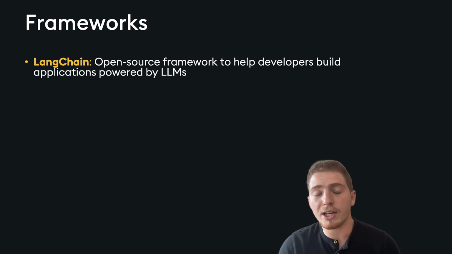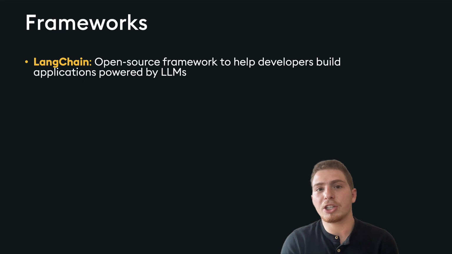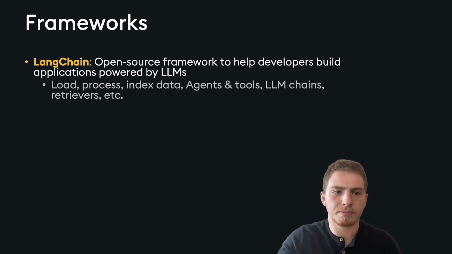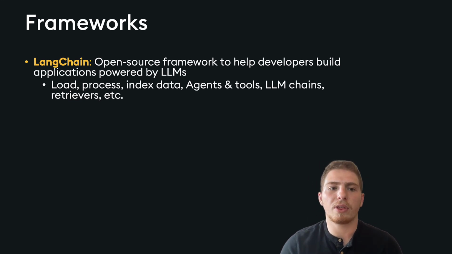So if you're working with agents or memory, long-term memory, anything of this kind of sort with large language models, LangChain is built for that purpose, so you don't have to create all these methods from scratch. And it could do things like load data, process it, index it. It can help you create agents, create tools for your agents, create chains of multiple events with LLMs.